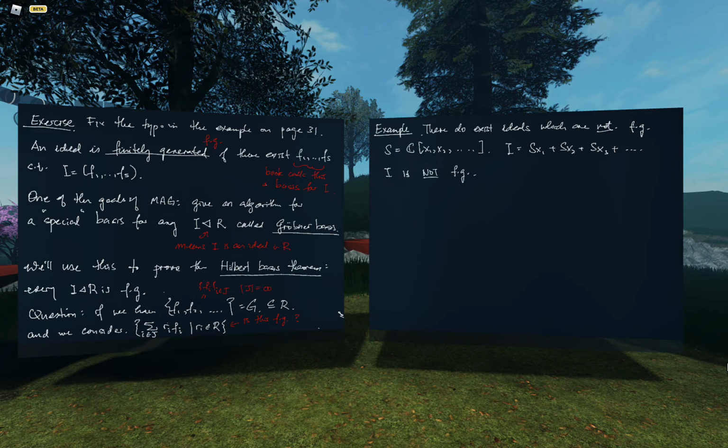As Dan pointed out, this is not contradicting what I just said. Hilbert's basis theorem is a theorem on polynomial rings with a finite number of variables. Let me make a note here: Hilbert basis theorem is for polynomial rings with finitely many variables.